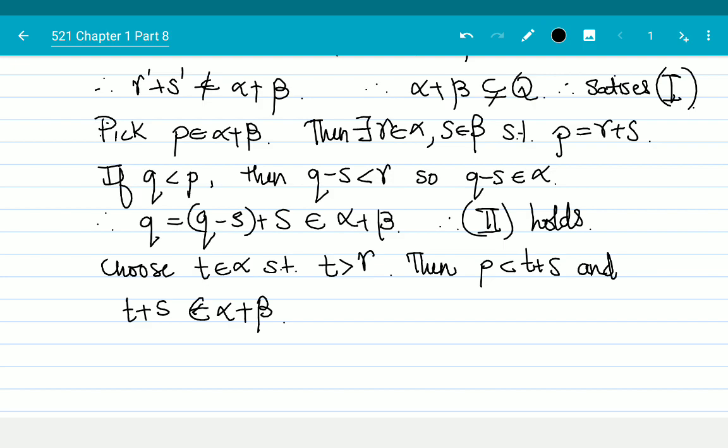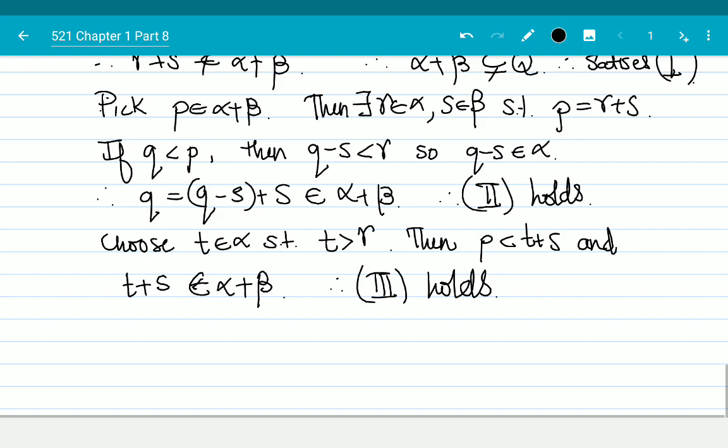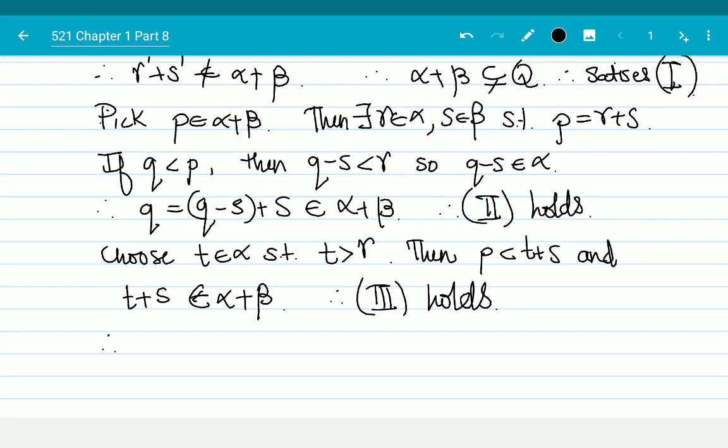And so I have a bigger element in alpha plus beta, therefore 3 holds. Okay, and that shows A1. Therefore, A1 holds.